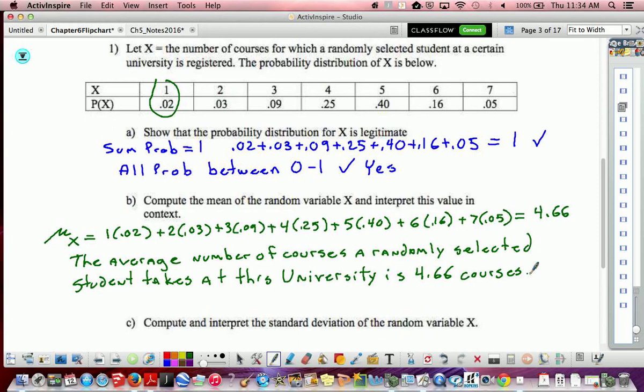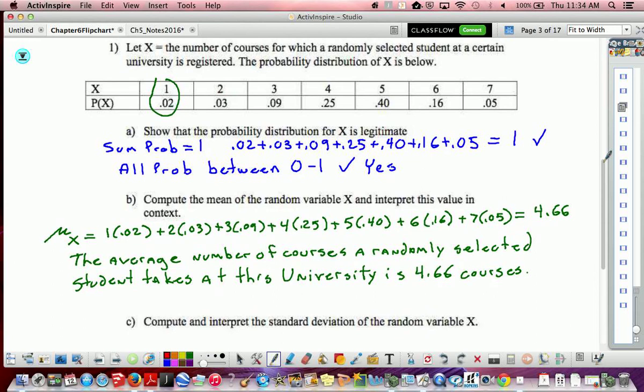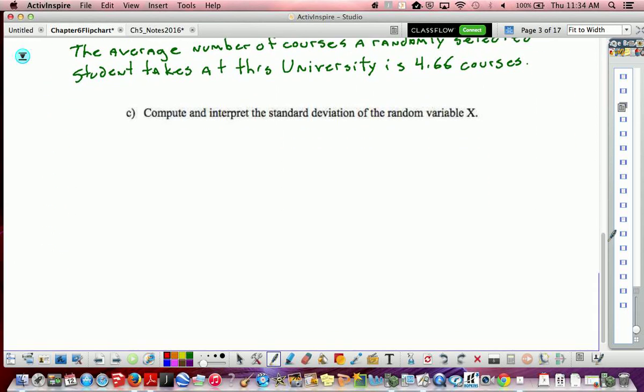All right, how are we doing so far? Now it says compute and interpret the standard deviation of the random variable. In order to calculate the standard deviation, you actually have to calculate the variance first.